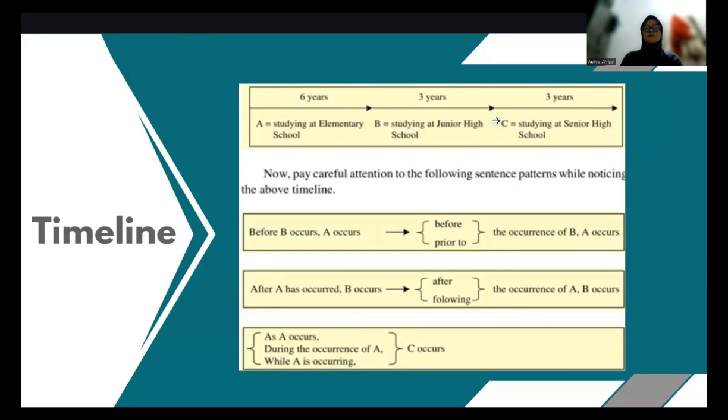Now, please pay attention to the timeline above. Before B occurs, A occurs: prior to the occurrence of B, A occurs. After A has occurred, B occurs: following the occurrence of A, B occurs.